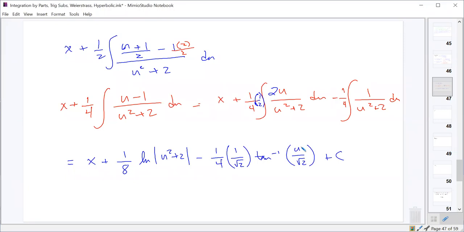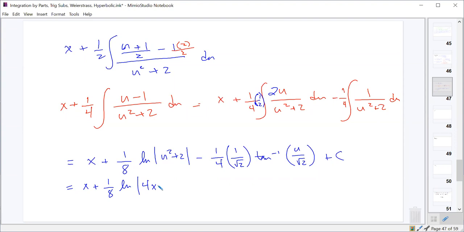Good or no? Yeah. All right. And if we go back to turning u into 2x minus 1, I think that's what u was, right? We should have 1/8 natural log of 2x minus 1 squared, which would be 4x squared minus 4x plus 1, plus the 2.